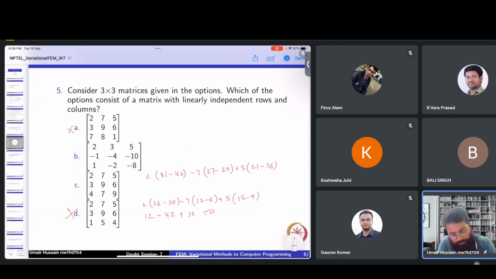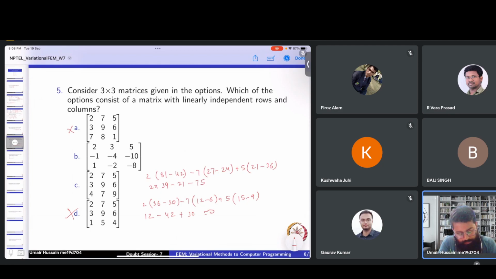So we have 2 times, this is 39, I guess. This is minus 75.